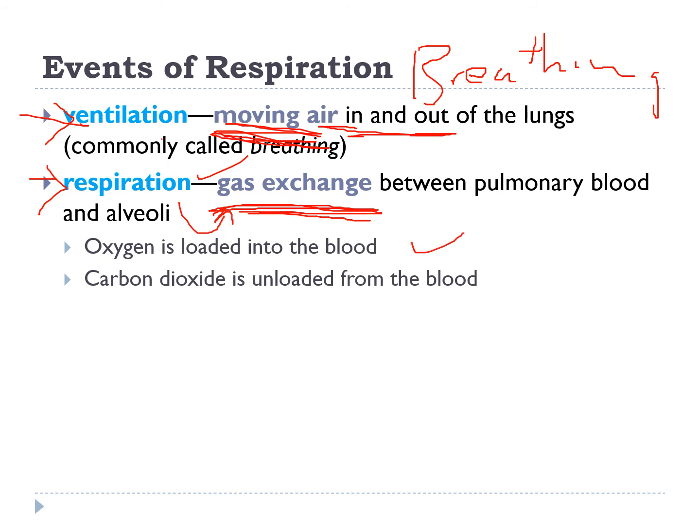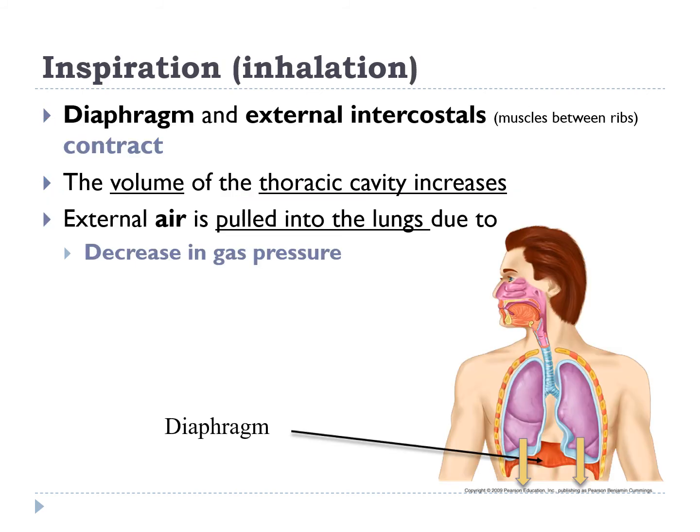Again, oxygen is loaded into the blood, carbon dioxide is unloaded from the blood so we can expel it into the environment. So how does inspiration happen? Inspiration or inhalation means breathing the air in. Here's your hint: in. Inspiration is the inward part of respiration.